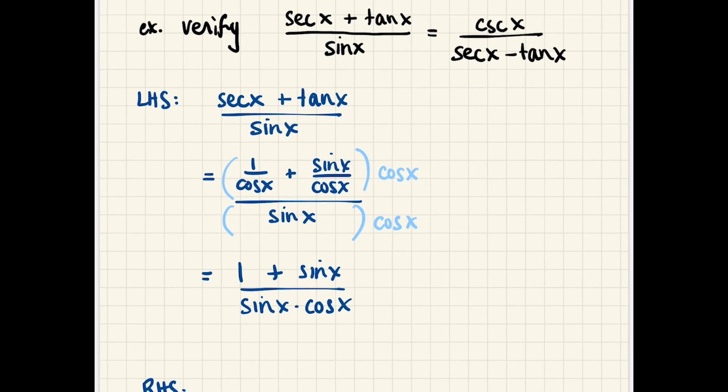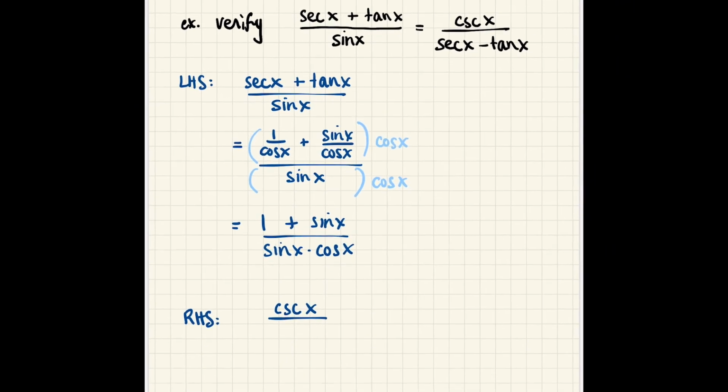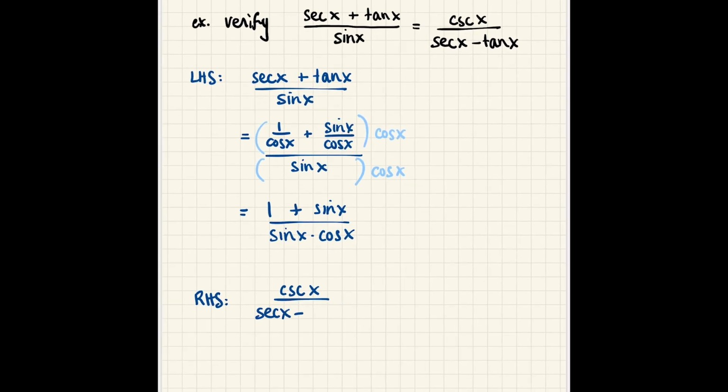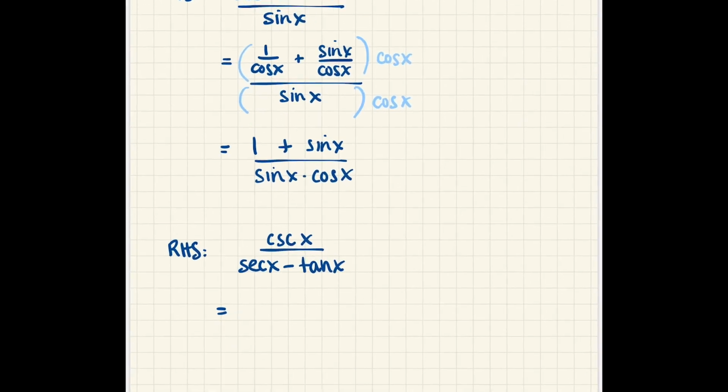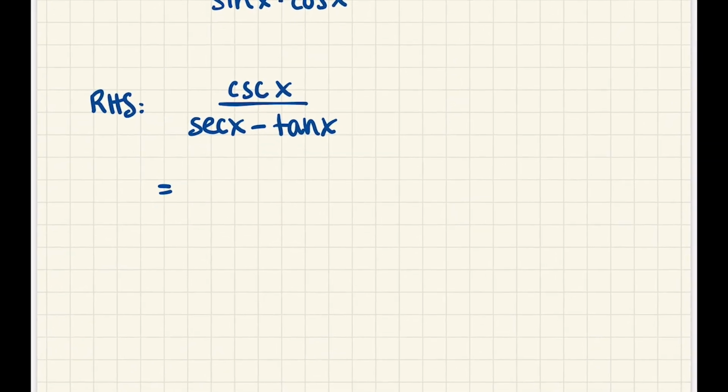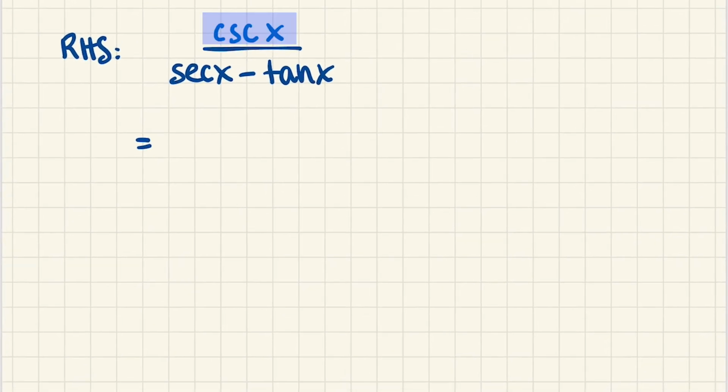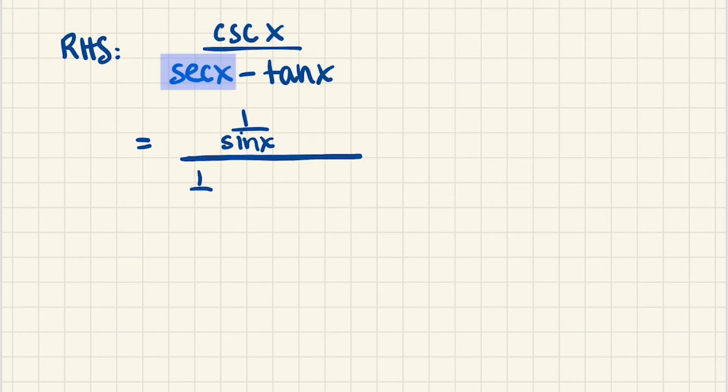The right-hand side is cosecant of x over secant of x minus tangent of x. And yeah, let's turn everything into sines and cosines. So cosecant is 1 over sine of x. And this is all over secant, which is 1 over cosine. And tangent, which is sine of x over cosine of x.